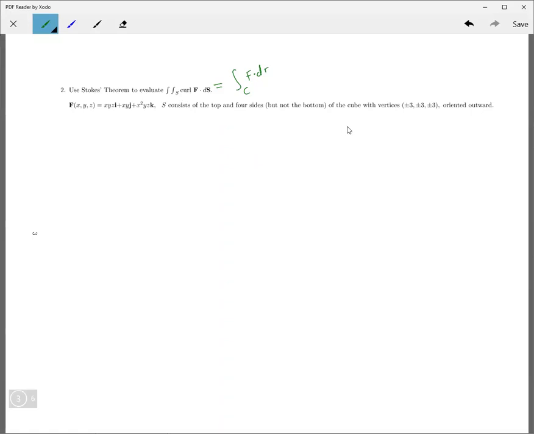Now this surface is really weird. Let me attempt to make somewhat of a drawing of it. Maybe not the surface, but all we really need is the boundary of the surface. And it says the top and the four sides, not the bottom of the cube, are oriented outward.